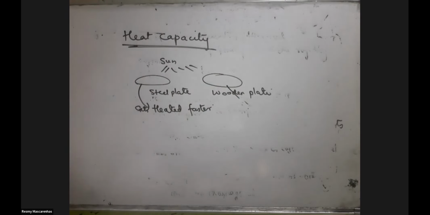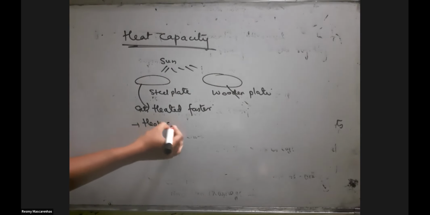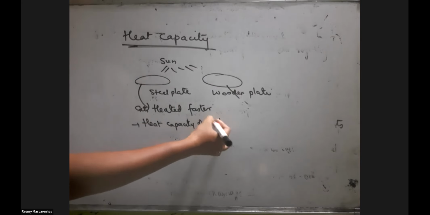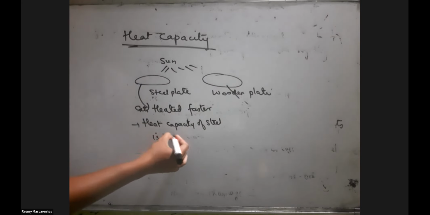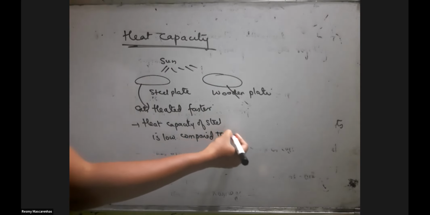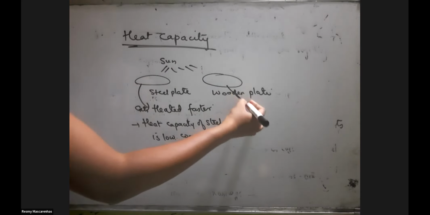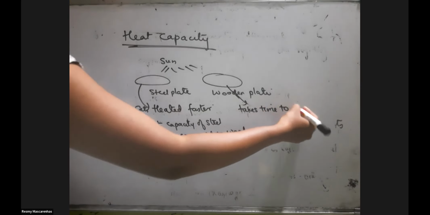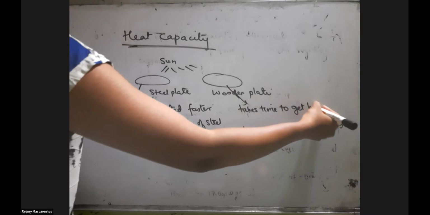Why is it so? It is because the heat capacity of steel is low compared to wood. Wood takes time to get heated.